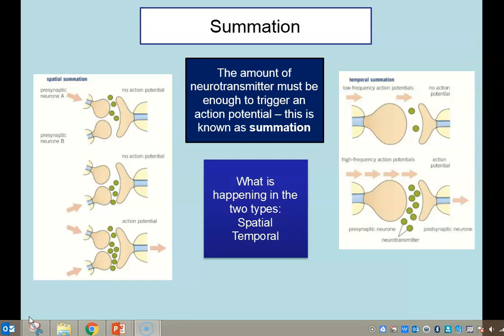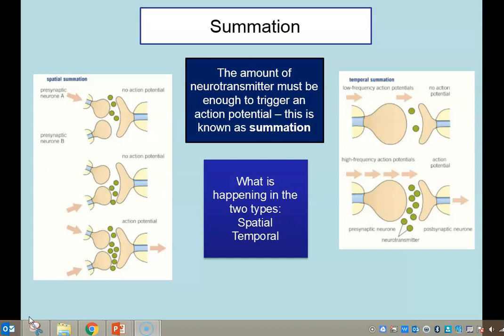If we just have B, again, it's not enough, whereas we have to have an impulse passing down both A and B to ensure enough neurotransmitter to trigger the action potential in the next neuron. That's referred to as summation, and because we are summing A and B neurotransmitter, it's referred to as spatial summation.